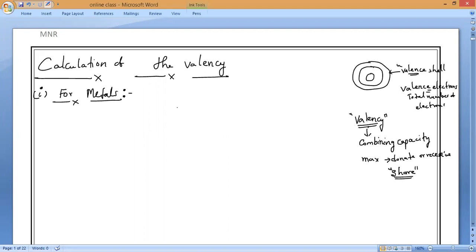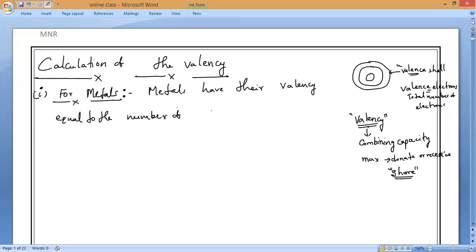Now for metals, you remember, metals have their valency equal to the number of valence electrons.